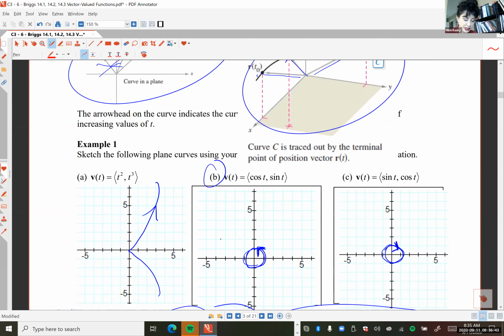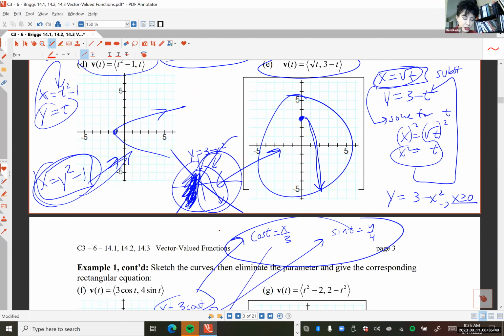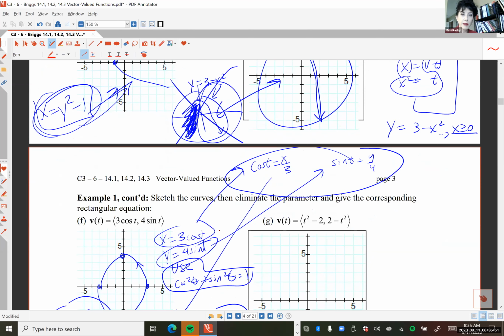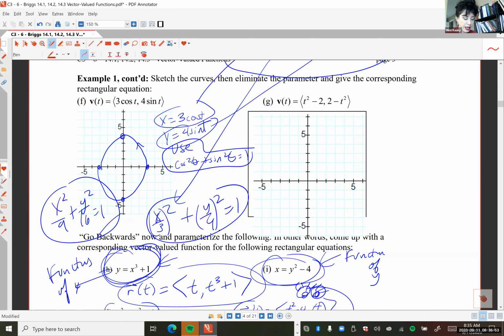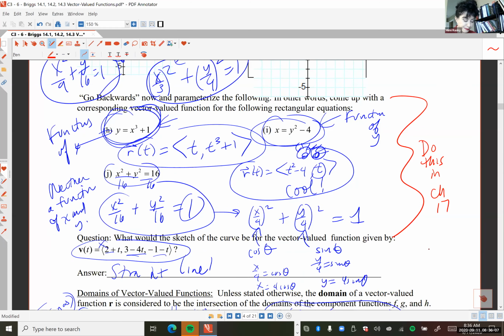We were doing some graphing on our graphing calculator using parametric mode of some 2-dimensional vector valued functions, and we did some eliminating the parameter, and then also the reverse of eliminating the parameter. It's called parameterizing. You're going to be doing this in chapter 17 when we get to vector calculus, so please know how to do that.